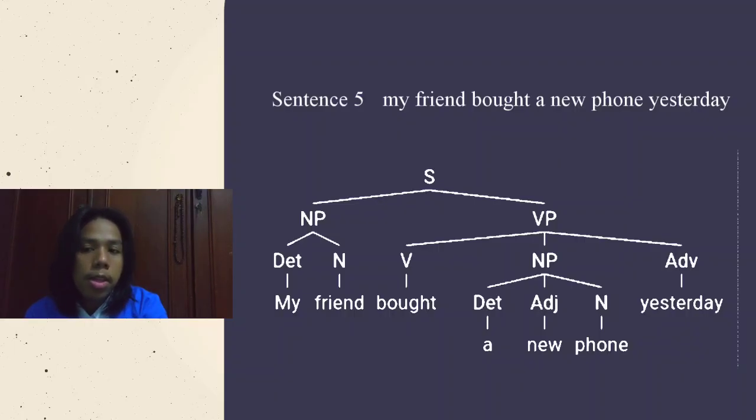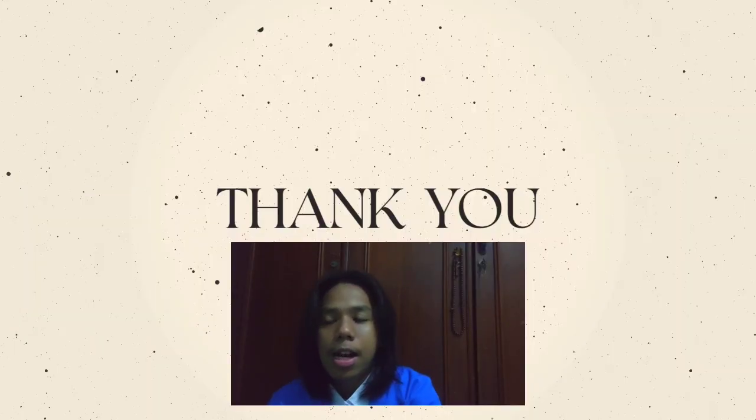So the adverb here is "yesterday." Here's the full verb phrase, which consists of the verb, noun phrase, and adverb. And noun phrase plus verb phrase become a sentence. So that's the analysis of sentence 5.